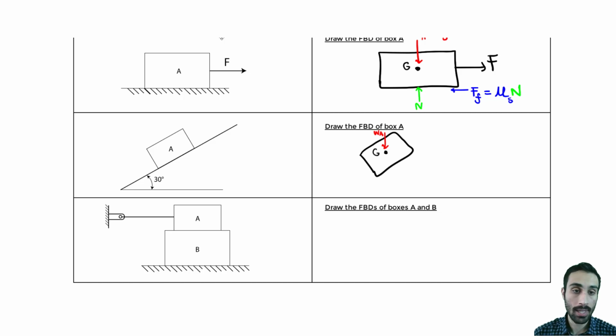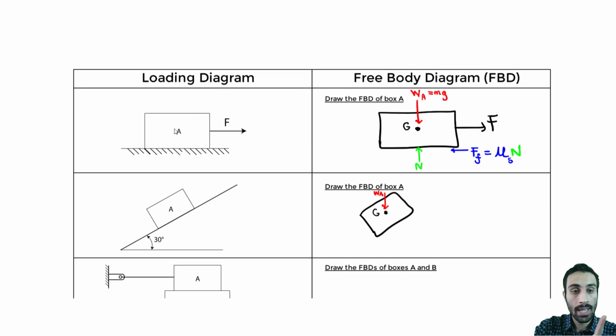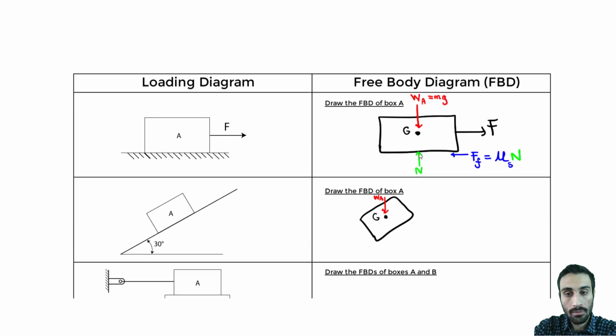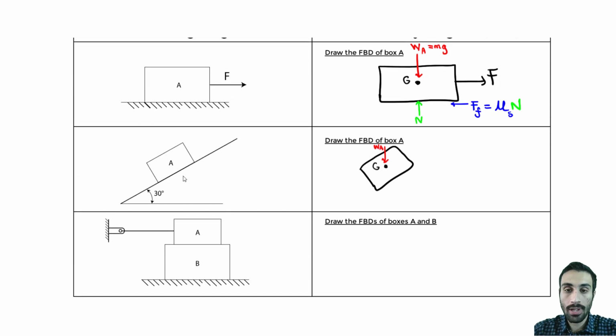And we also have some normal force, right? And note, the normal force will always be perpendicular. In this case, it was perpendicular, right, to the surface at the bottom. Same is true here. It must be perpendicular, and the line of action of that normal force acts at the center of gravity. So that's going to be the normal force. You have that normal force perpendicular to the incline, to the surface.